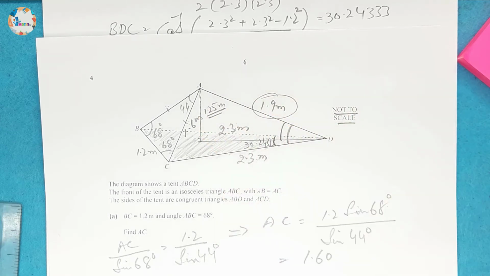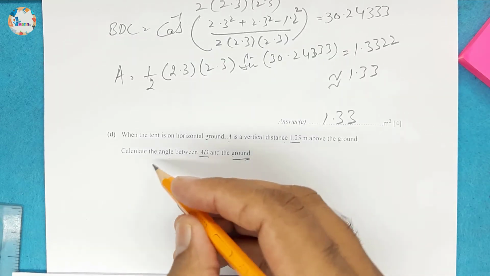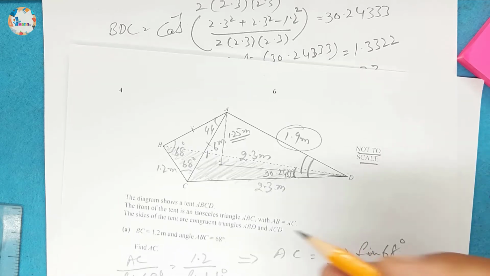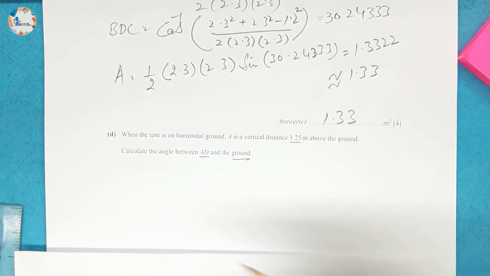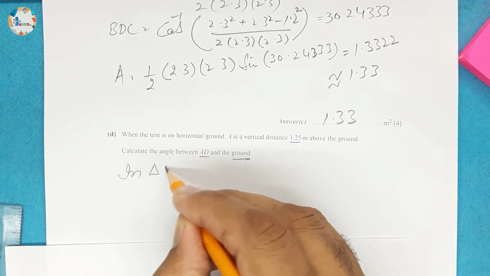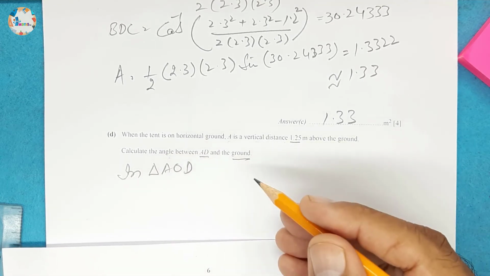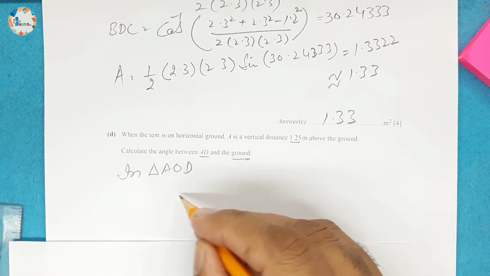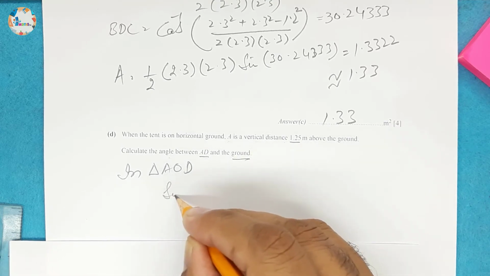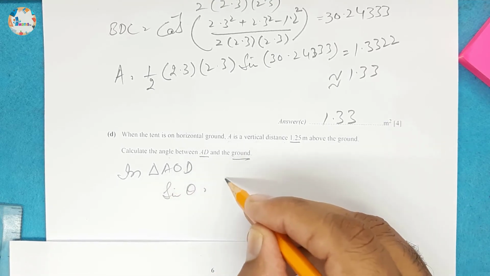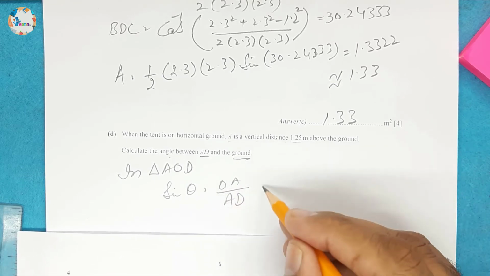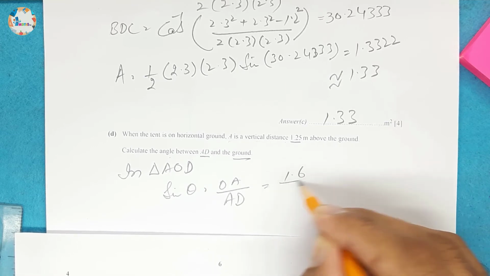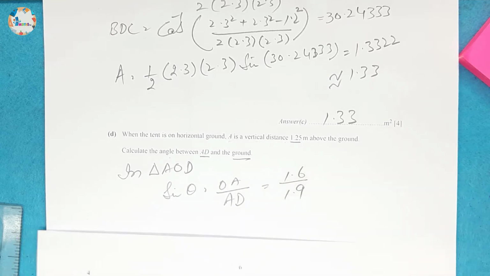So we can use sine in this triangle. We can take this point as O, so triangle AOD. In triangle AOD, sine theta will be equal to OA over AD, so 1.6 over 1.9, and this we can calculate.